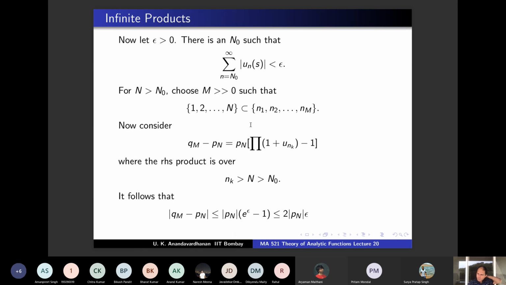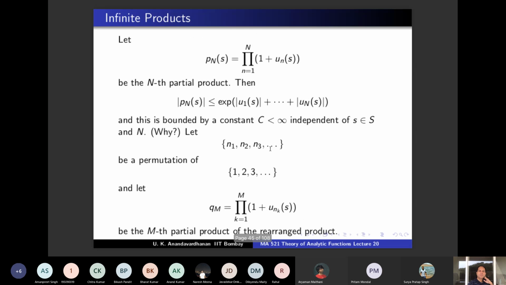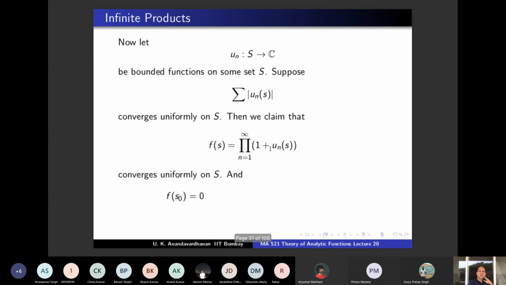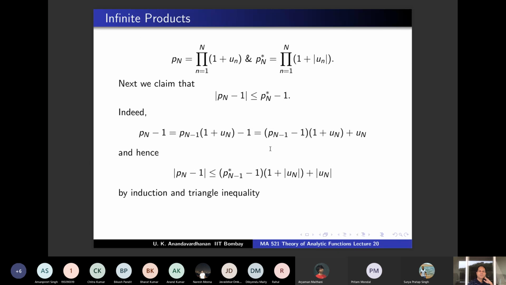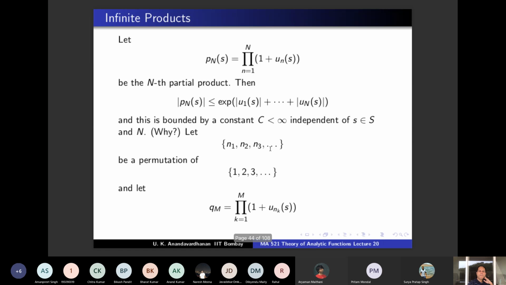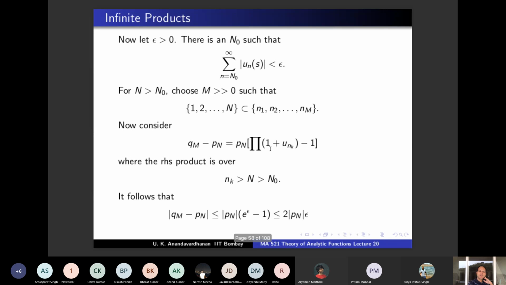So how do you get this? Modulus of pn is modulus of pn, and why is this? This is because you're going to use one of these things that we have observed earlier. So it is not exactly using that, it's using the same idea, right?